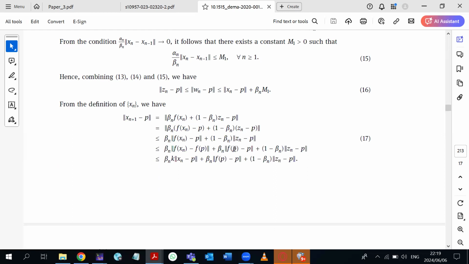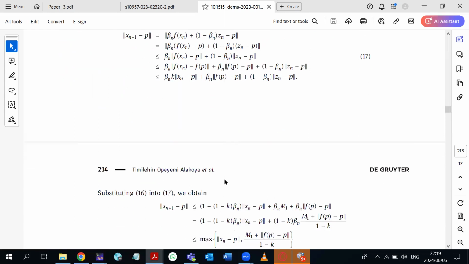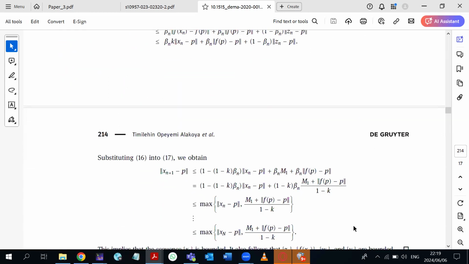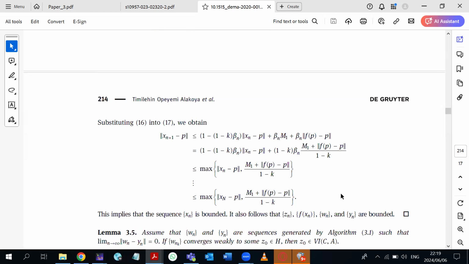Every article with a viscosity term has the thing you're seeing in 17, so you're going to find it in the article. So that we have discussed it, take it down: the viscosity, the boundedness of the algorithm.